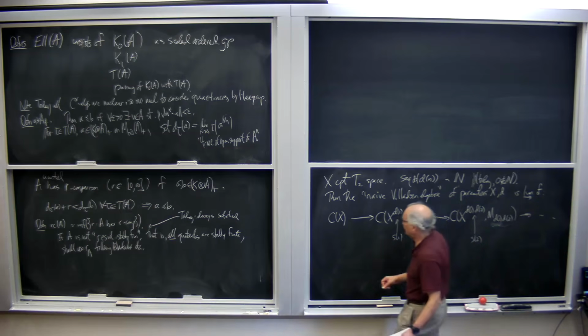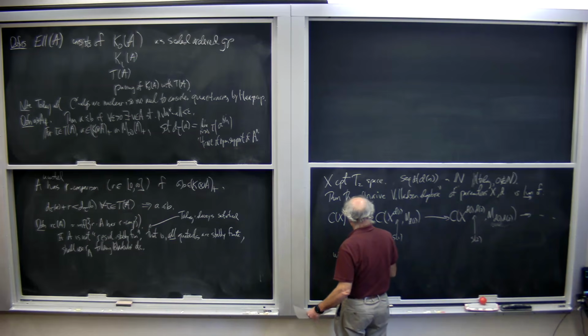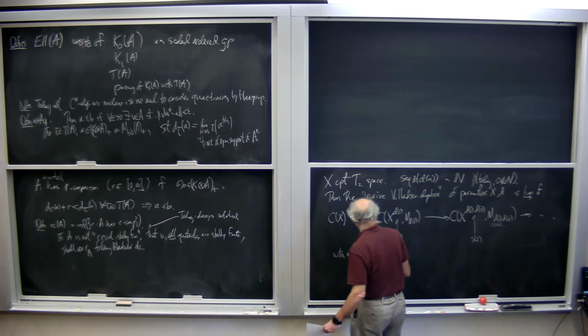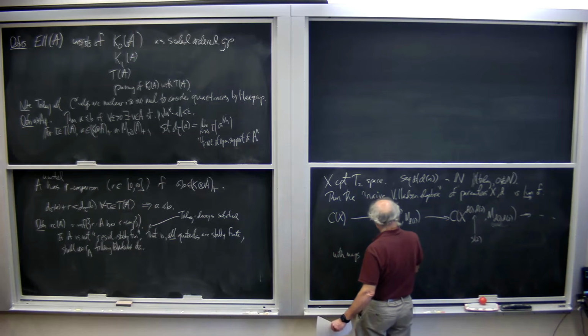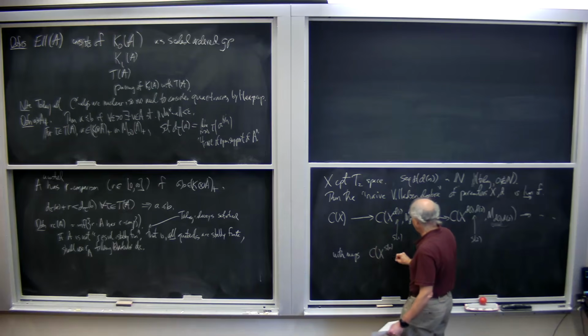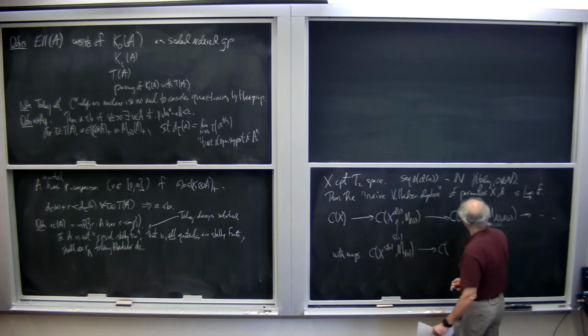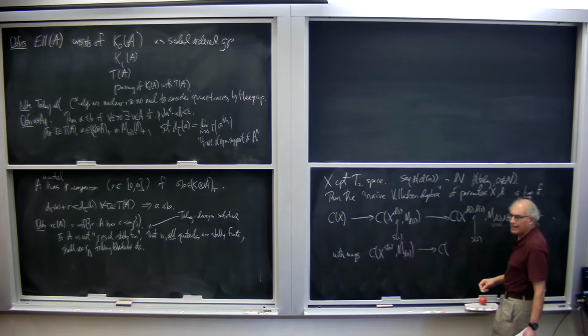With maps, so this is going to be from C of X to the S of n, that's the nth algebra, M S of n, to C of, and now I'm going to put in the next thing here.